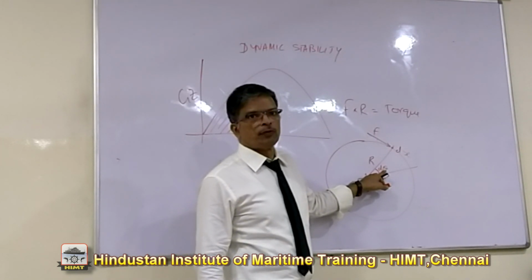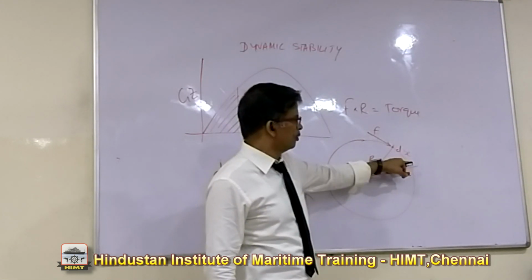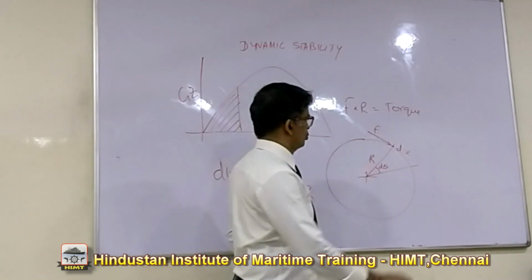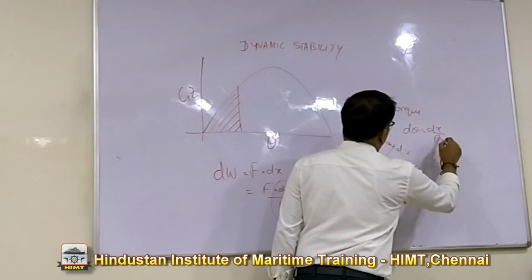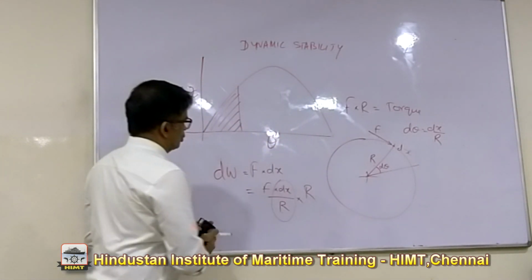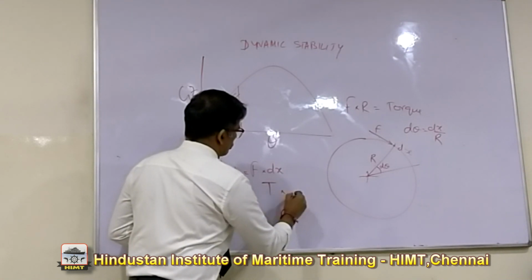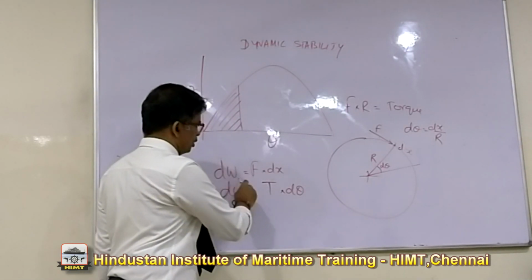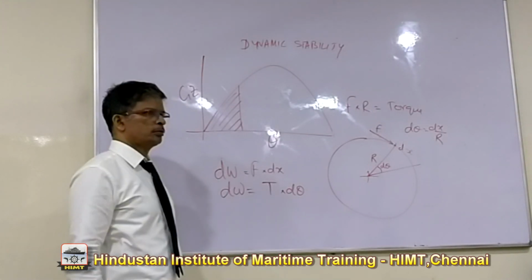Definition of radian is arc length by radius. Length of the arc divided by radius is angle in radian. So d theta is dx by R. So your equation will turn out like this: work is torque into d theta. It is from here you get the formula torque into omega is power. How do you go from work to power?